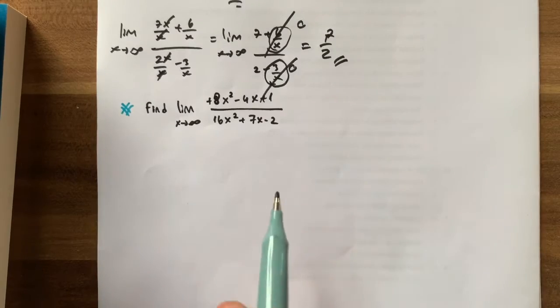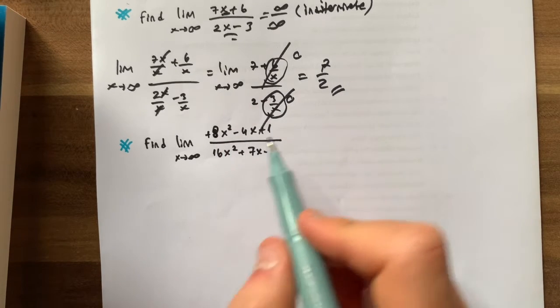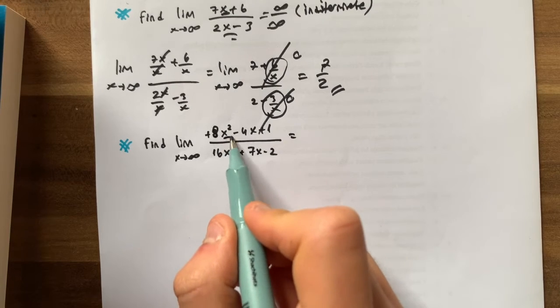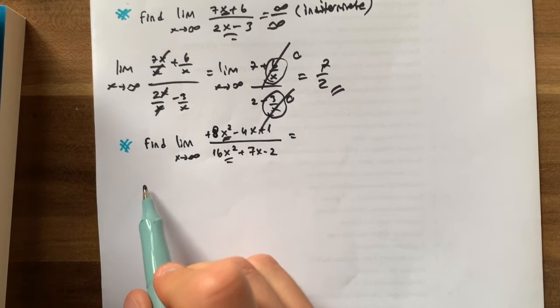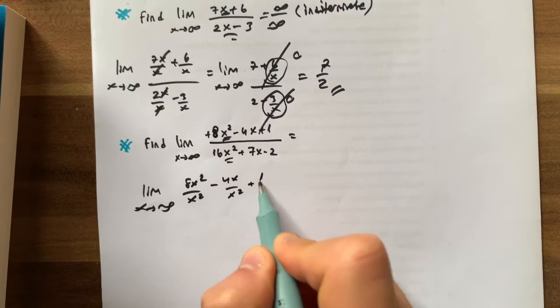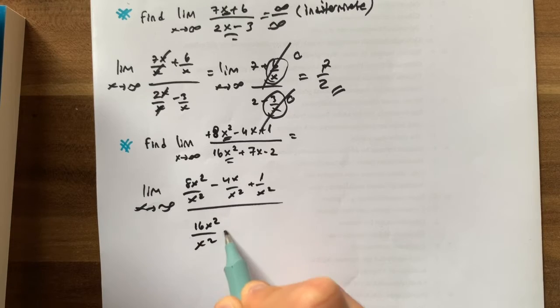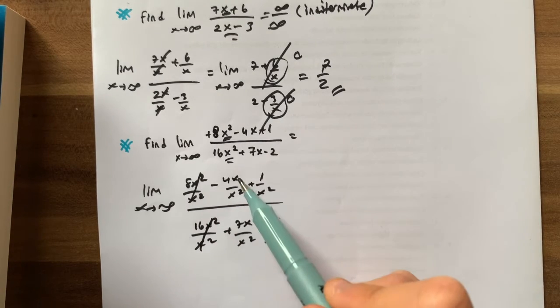Let's look at this question. Again, you are going to divide all of the terms by the highest exponent. In this question, the highest exponent is x squared, so we are going to divide everything by x squared. So these cancel each other.